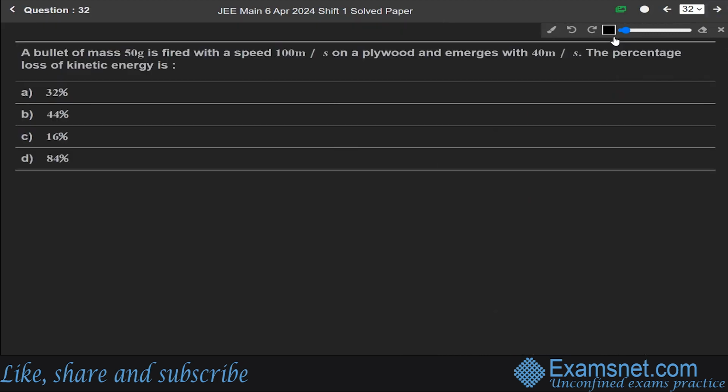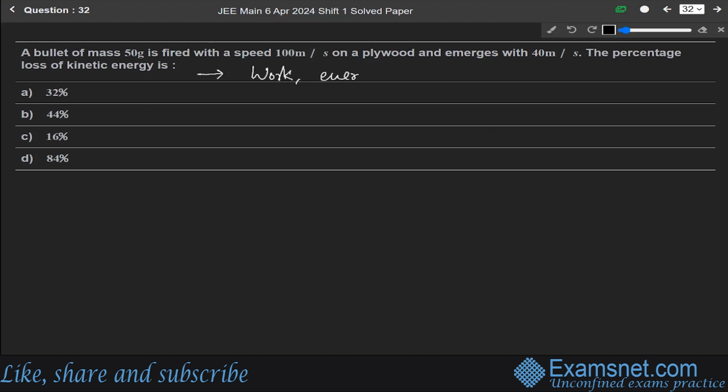Now, next question 32. A bullet of mass 50 gram is fired with a speed 100 meter per second on a plywood and emerges with 40 meter per second. The percentage loss of kinetic energy is. This question is from the chapter of work, energy, and power.